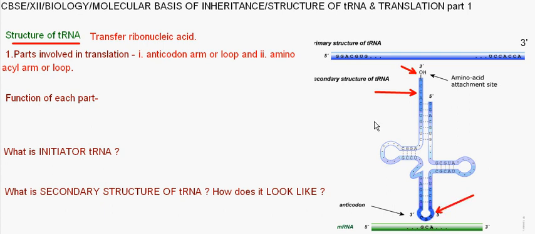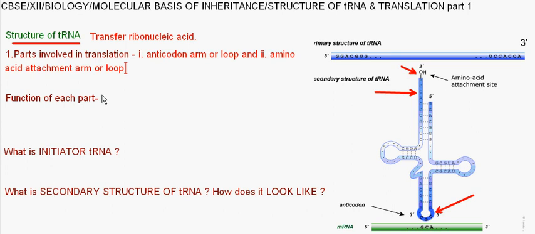So it's better to say this one is the amino acid attachment arm or loop. Let me write it. Amino acid attachment arm or loop. Now what is the function?